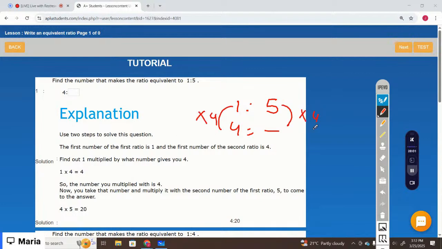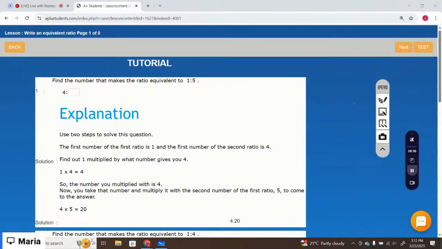So you have to do 5 times 4. 5 times 4 is 20. So the missing number is 20.